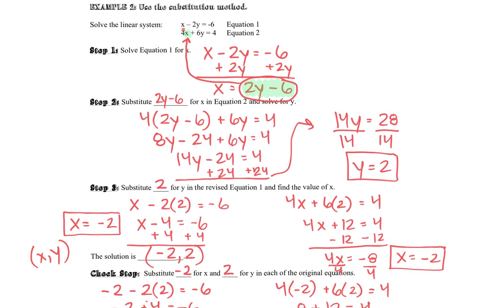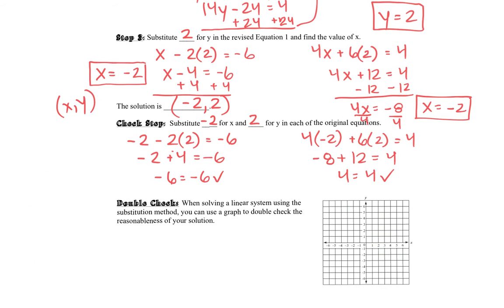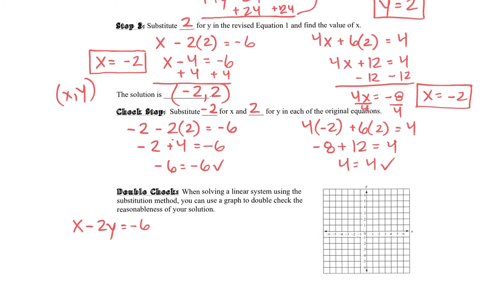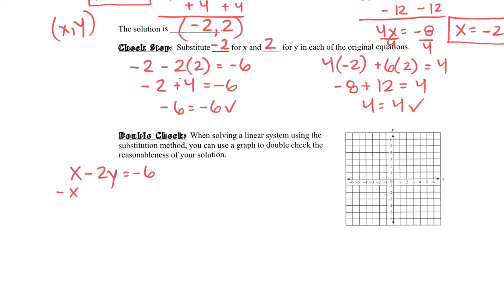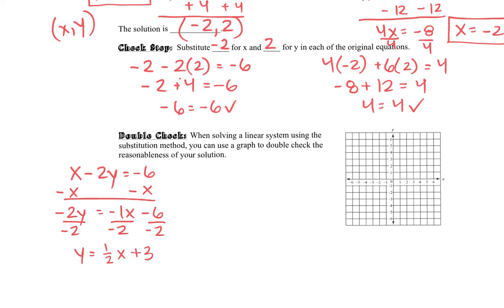So I am going to take my first equation, which is x minus 2y equals negative 6. I'm going to write that in slope-intercept form. So I've got to get the y by itself. I'm going to put a 1 in front of that x. Divide everything by negative 2, and I get y equals 1/2 x plus 3.